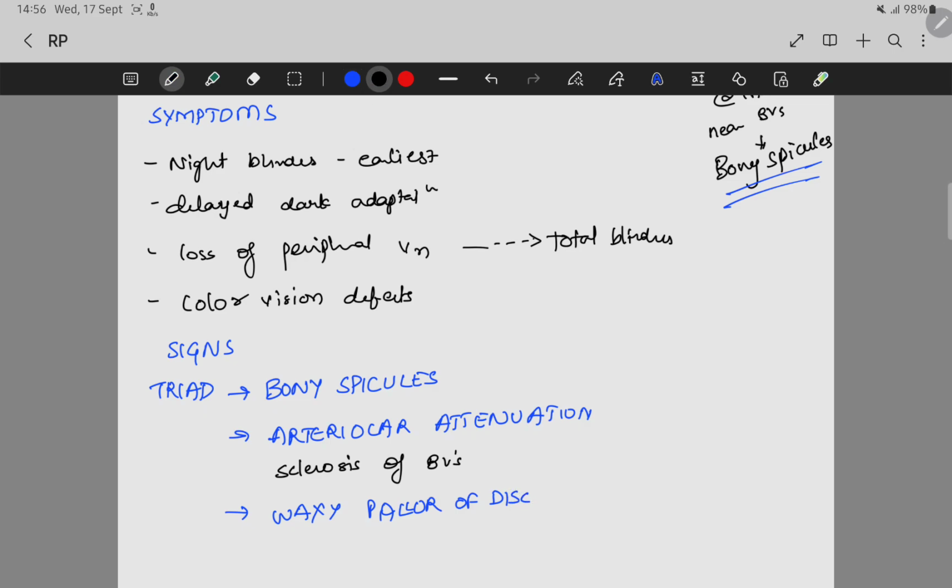This is due to fibrous proliferation of glial cells, resulting in a thick preretinal membrane, and this will slowly cause consecutive optic atrophy.